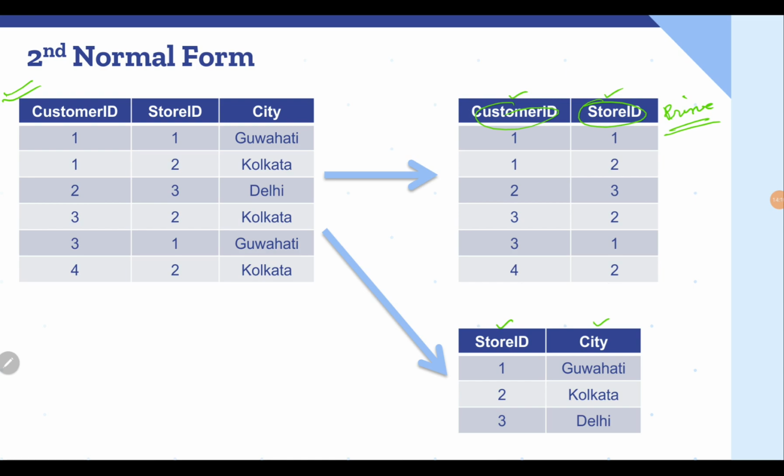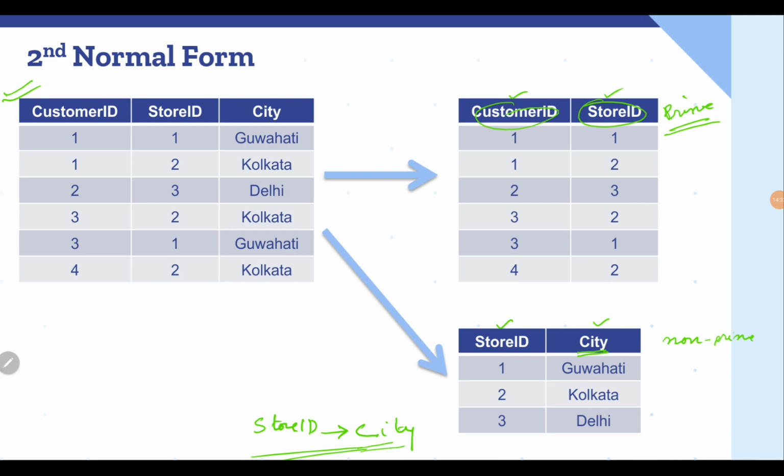In the second table, city is definitely a non-prime attribute, and it is dependent on store ID. Is it satisfying the rule?